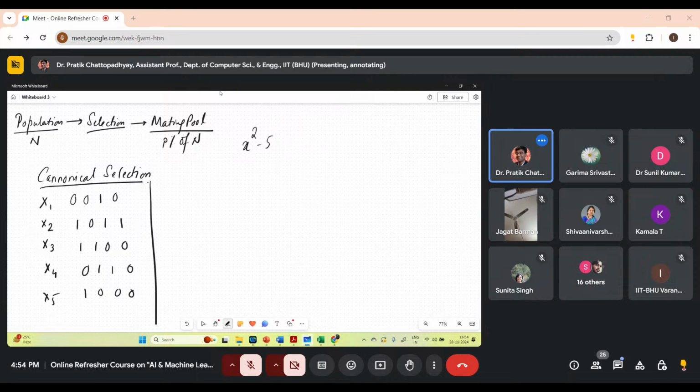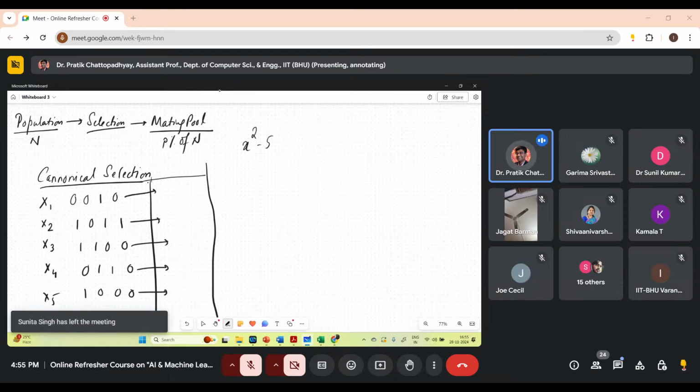So I assign a fitness value to each of these, which indicates how much it minimizes x square minus 5.